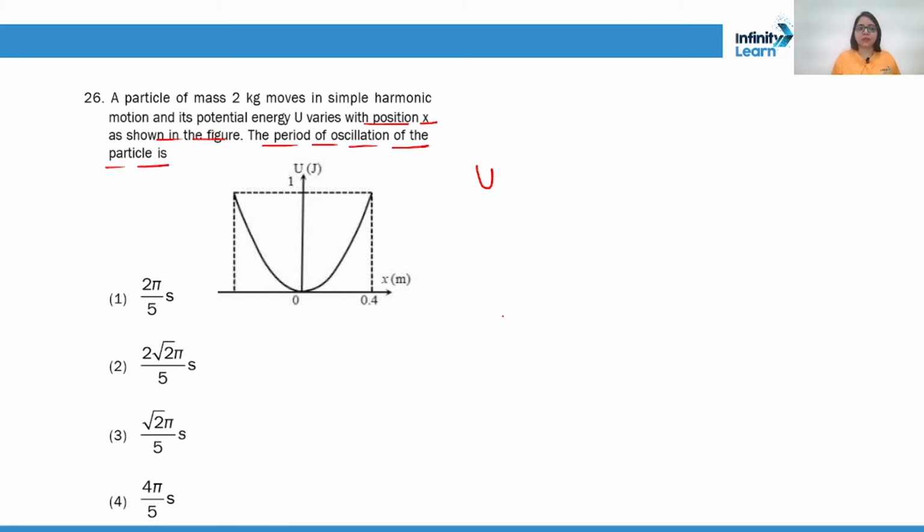So basically the potential energy of the particle is maximum when x is equal to 0.4 meter and it is equal to 1 joule. So the maximum potential energy in this case will be half k a square, and that is equal to 1 joule, right?